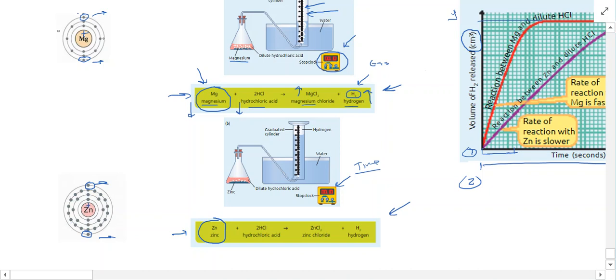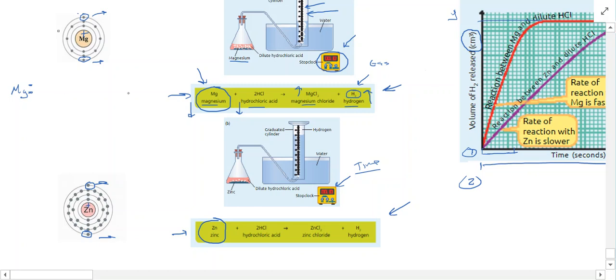Now, if we think about magnesium, remember the protons are the positive charges in the middle of the nucleus, and the same with zinc. So in this chemical reaction, you're going to have a magnesium atom with 2 electrons on the outer shell.